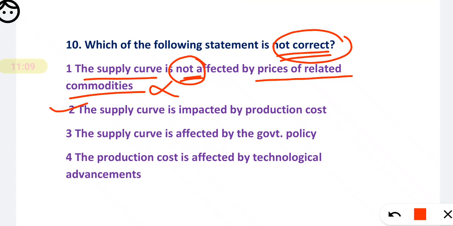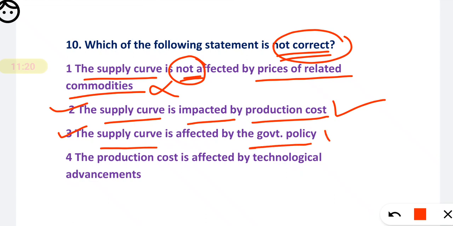Option number 2, the supply curve is impacted by production cost. Yes, it is one of the factors affecting the supply curve. We have already learned that. Third, the supply curve is affected by government policy. It is correct. The production cost is also affected by technological advancement. It is also correct.